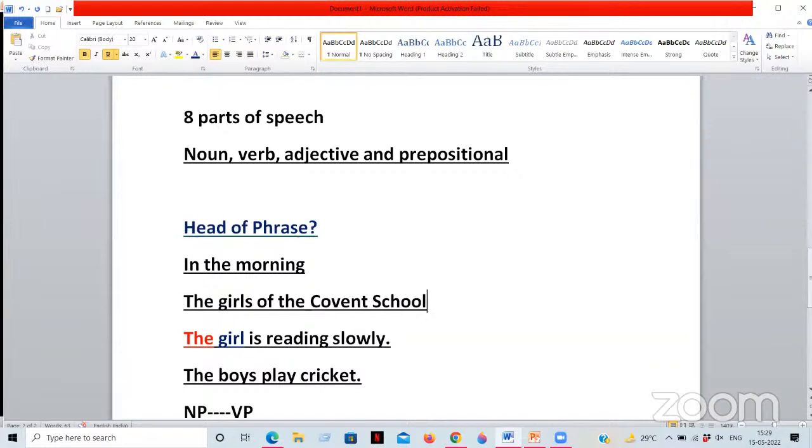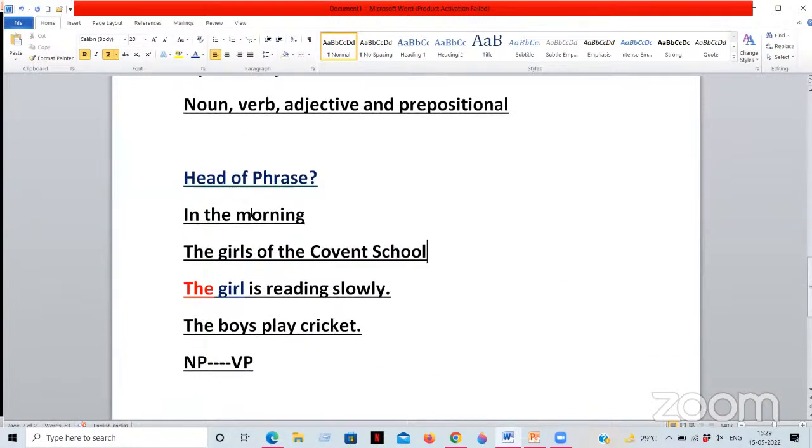The first thing that we have to look at in any phrase is what is the word that is functioning as the main part in this particular phrase. So if you see here in this particular phrase, we have in. In is what?